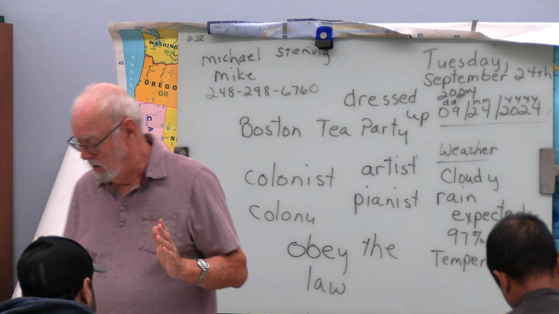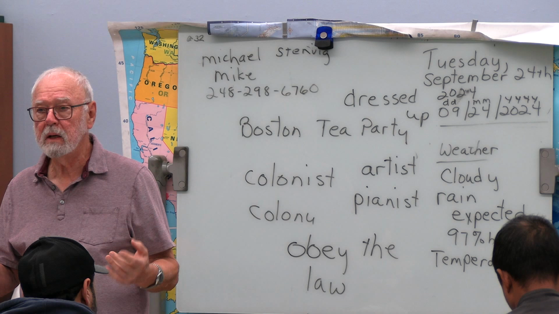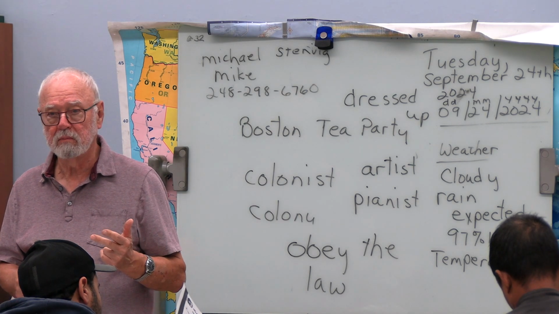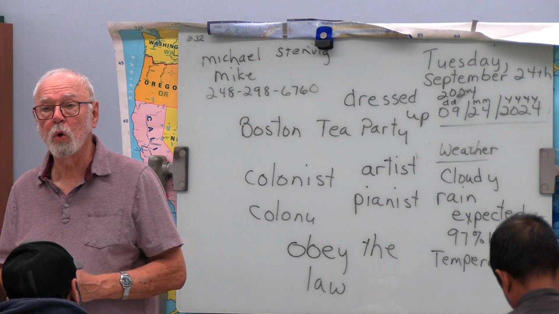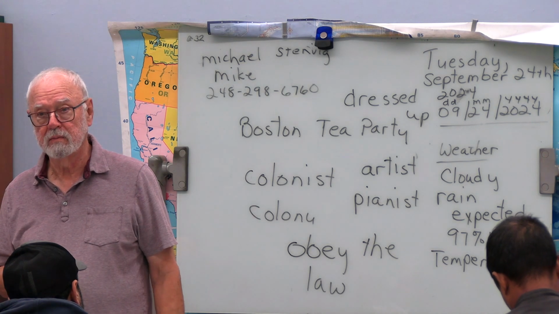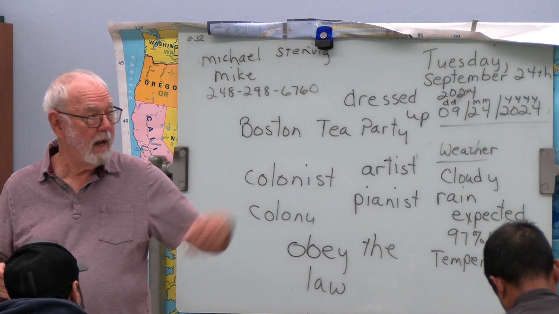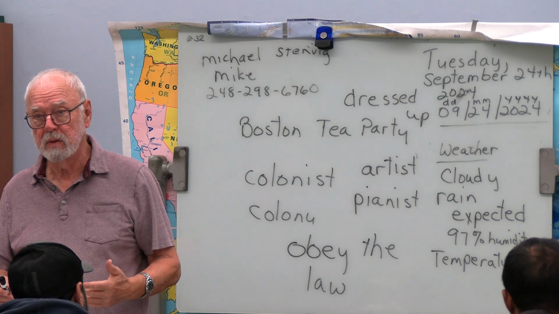So, usually, we meet Monday, Tuesday, and Wednesday of each week. This week, there is no school tomorrow. I don't have a class. Don't come tomorrow. Okay? The library is open, public library, but no class.